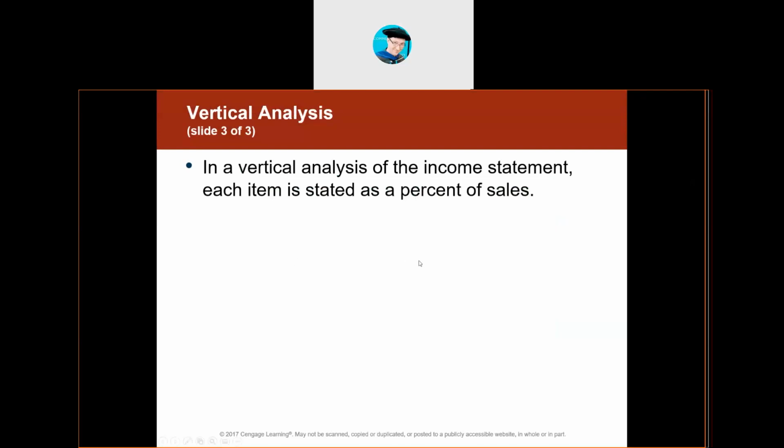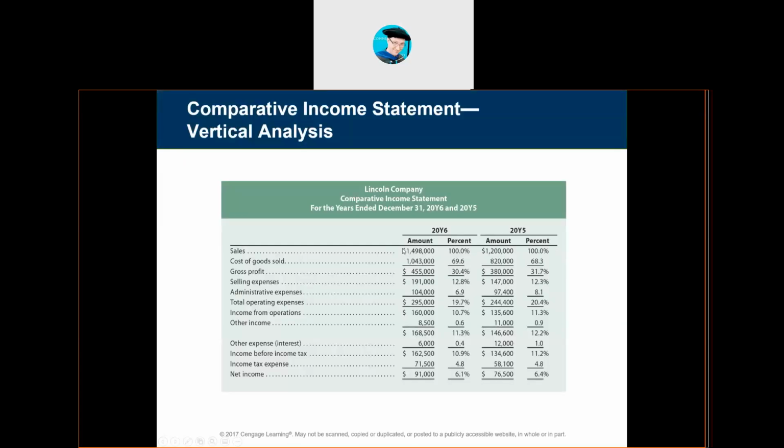On the income statement for vertical analysis, we express everything as a percentage of total sales or total revenue, whichever one it says, right? So total sales. In this example, we have total sales expressed as a dollar amount and as a percentage. Total sales 1.48 million, that's 100%.